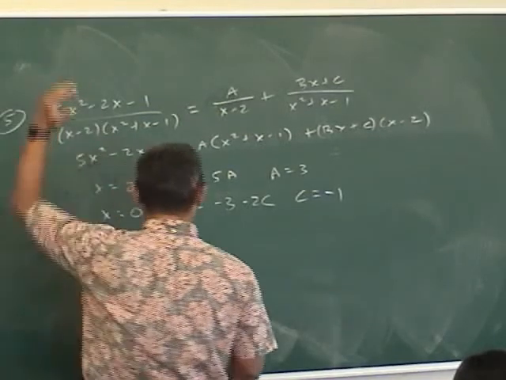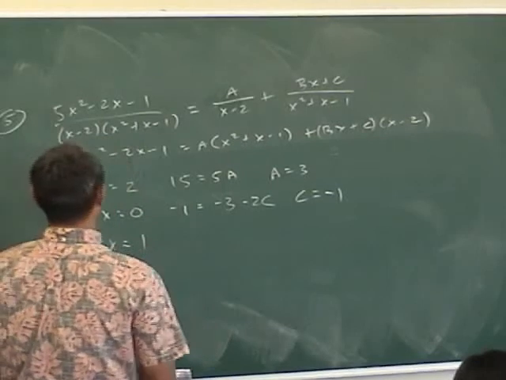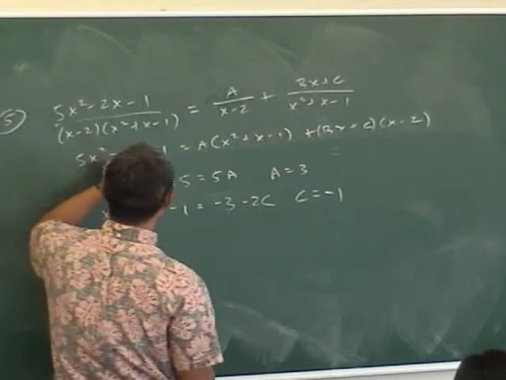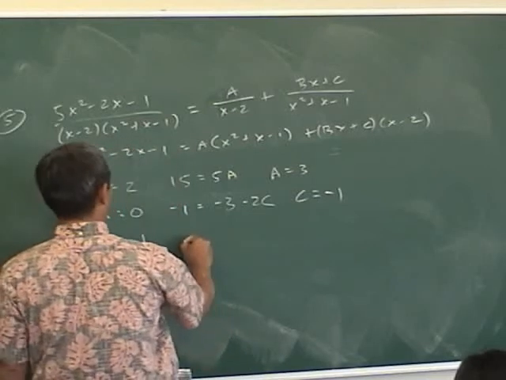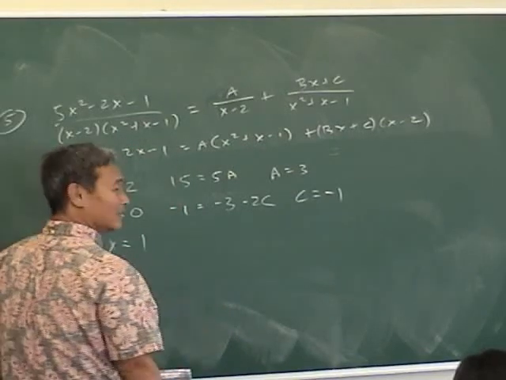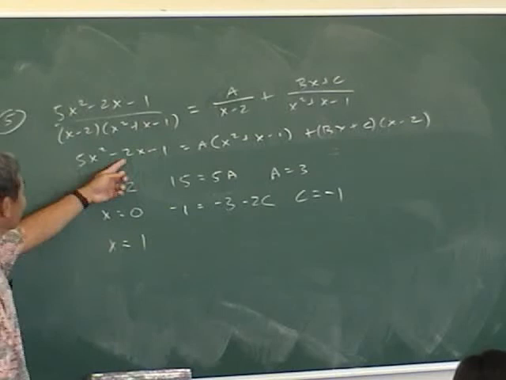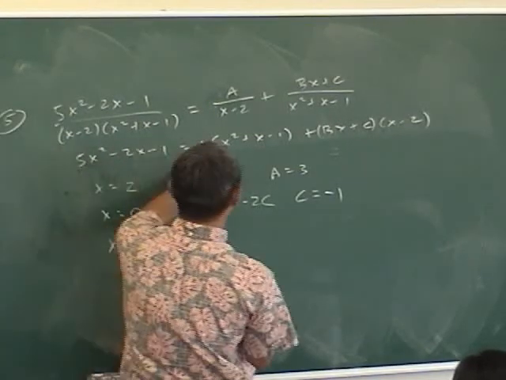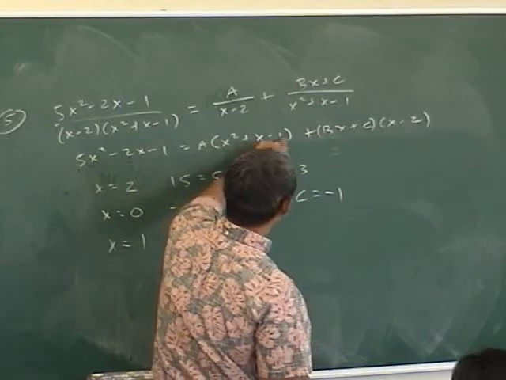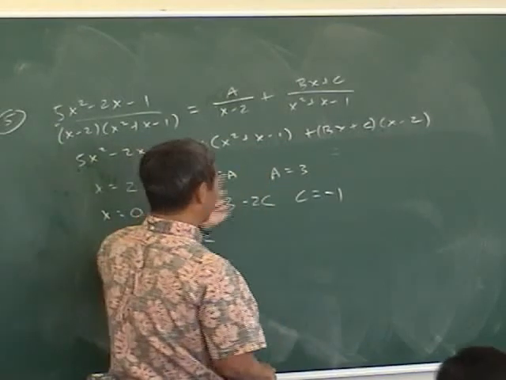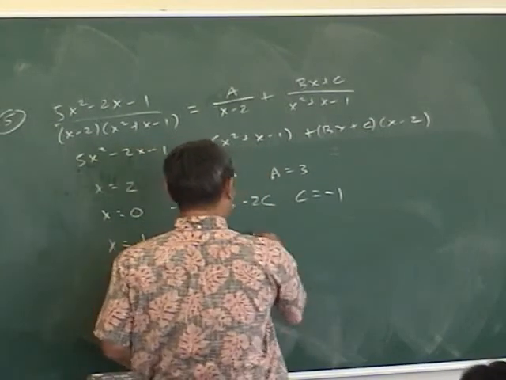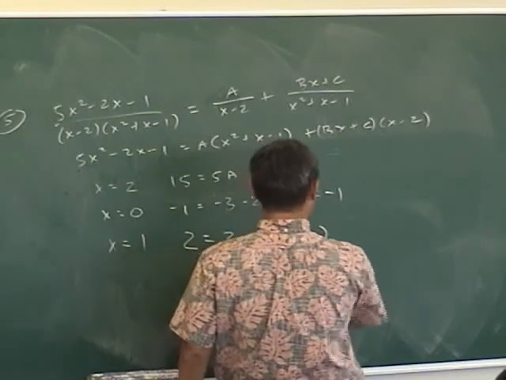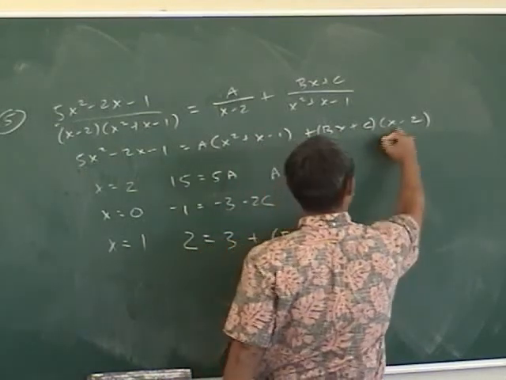Let's plug in, okay, what about 17 then? 1. 5 minus 2 minus 1 equals, plug in 1 here. 1 plus 1 minus 1 is 1a, but we already know a is 3, plus b plus c, but we already know c is negative 1. And then 1 minus 2 is negative 1.